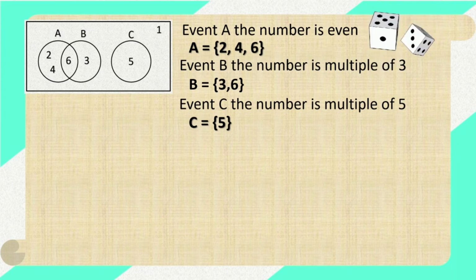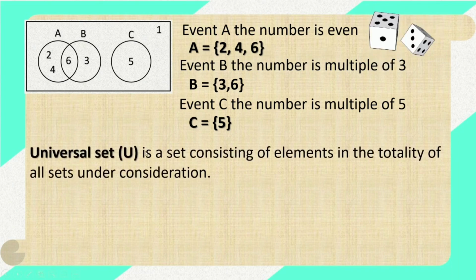The elements of the 3 events, including the elements outside the events, make up the universal set. What is referred to here is the element that is outside the events, this one. The universal set, denoted by U, is a set consisting of elements in the totality of all sets under consideration.